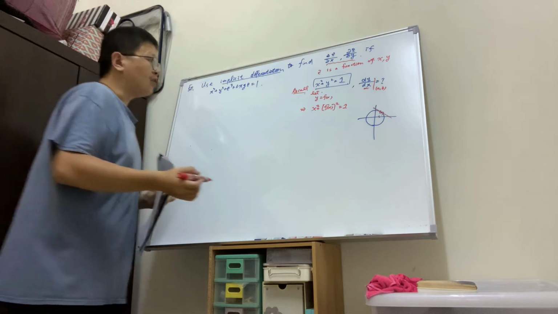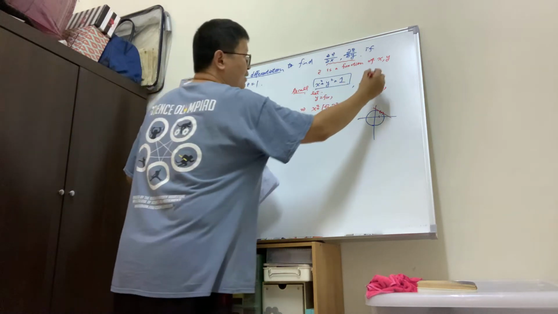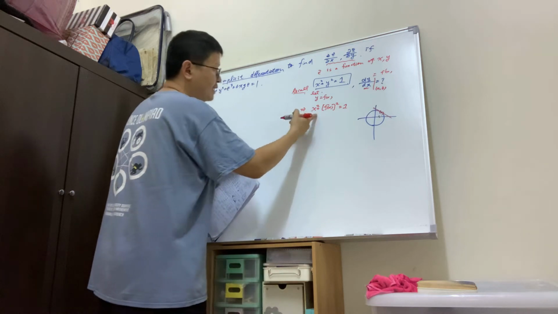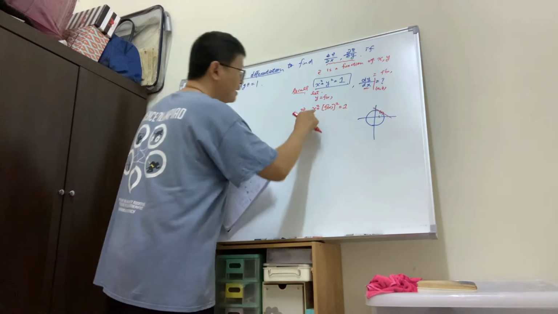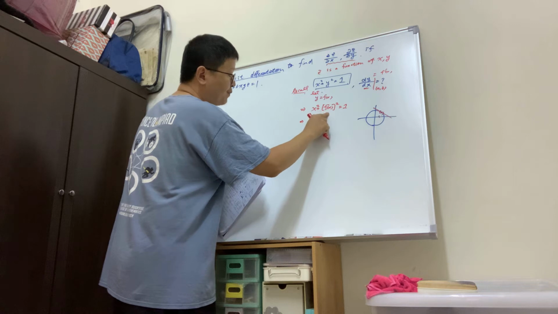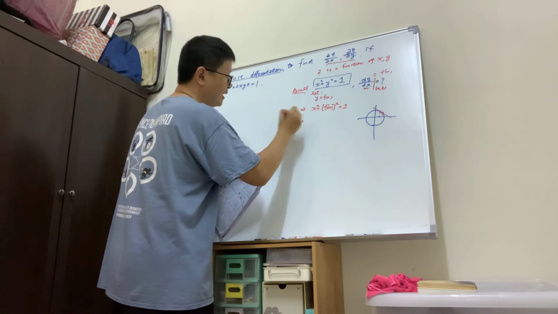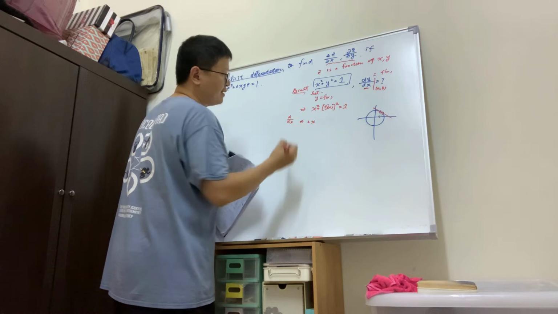Now, dy dx means we consider f prime of x. All of them are functions of x, so we take d dx. The first term becomes 2x.